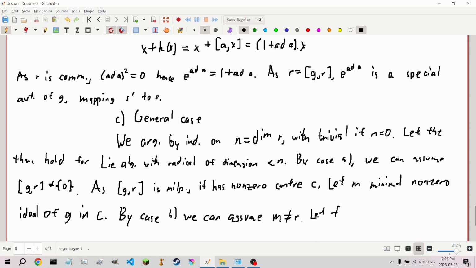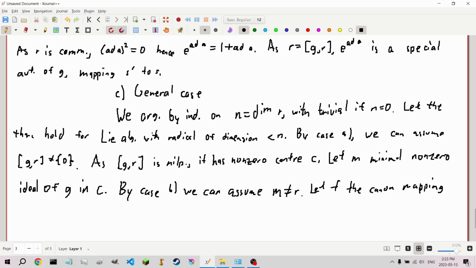Let F be the canonical mapping from G onto G prime, which is the quotient of G by this minimal non-zero ideal of G inside the center.